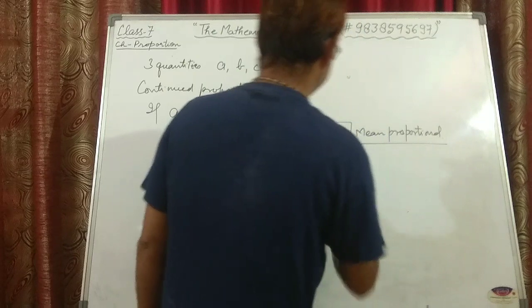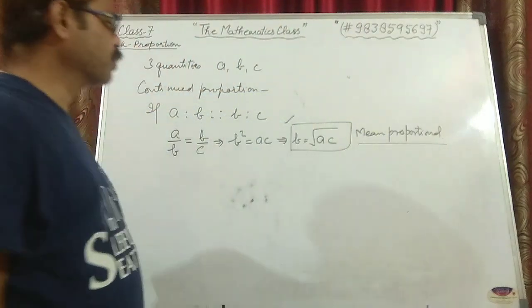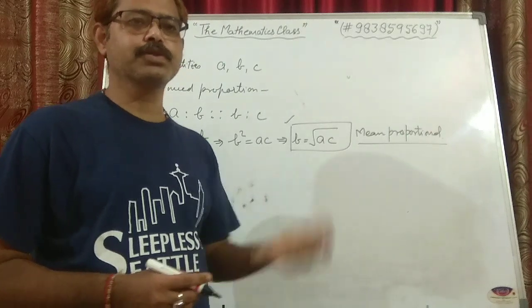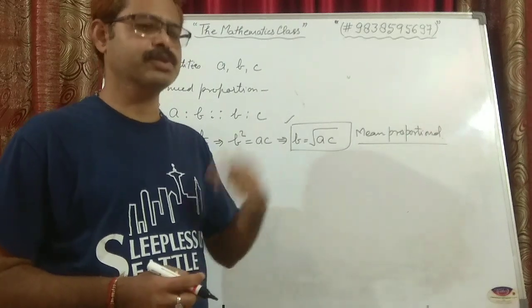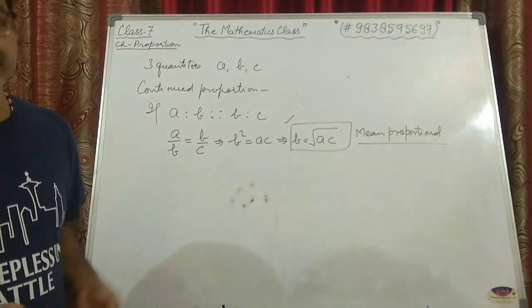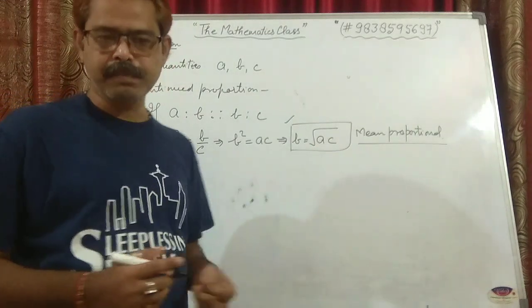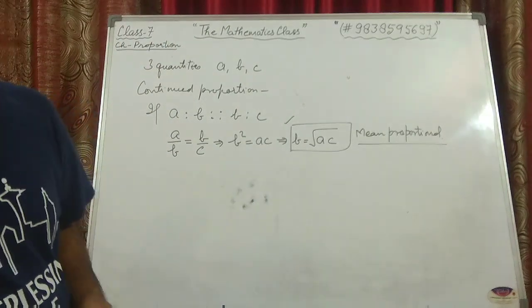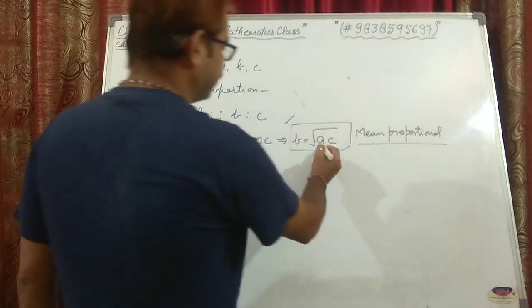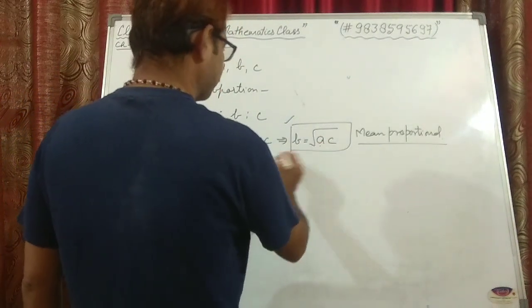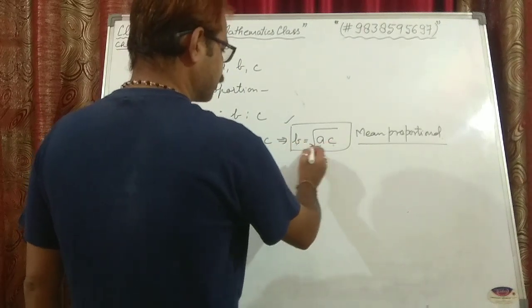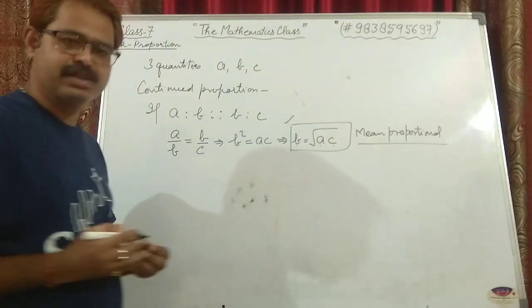This is also very important. In some questions you will be given two numbers, any of the two, maybe A, B or B, C or C, A, and you have to find the third number using mean proportion. We will come to the questions as and when we come to that. So mean proportion between A and C is given by B, where B is equal to under root of AC.